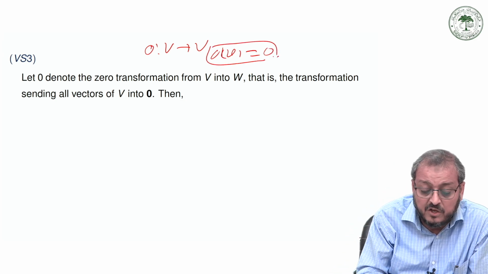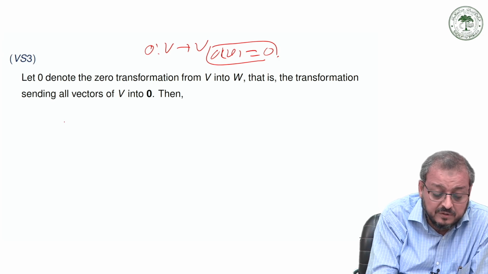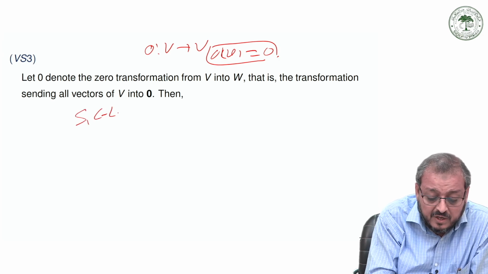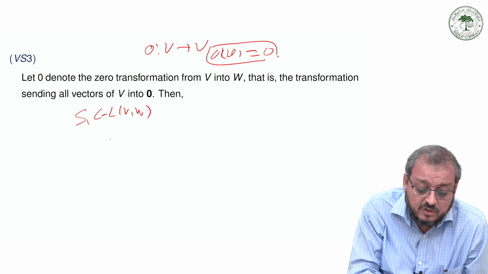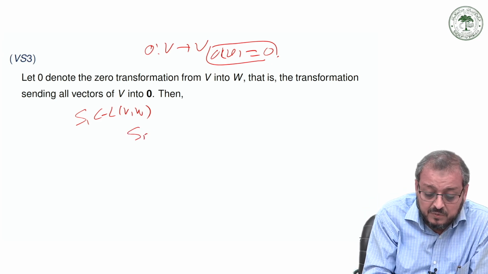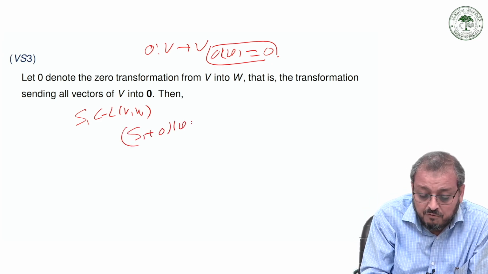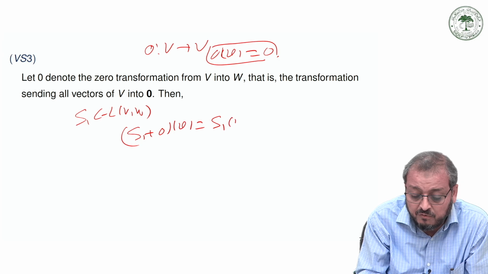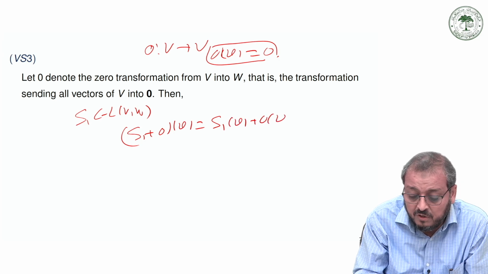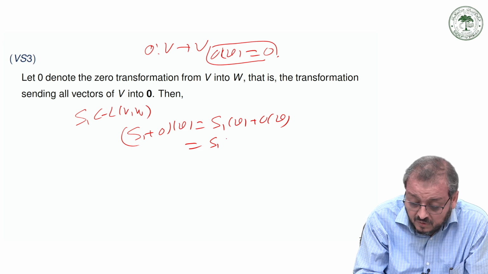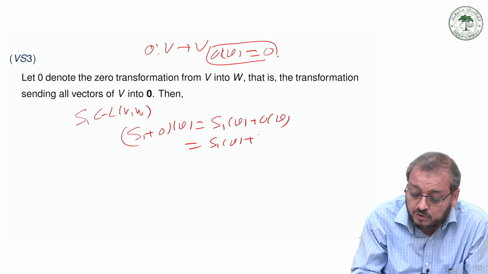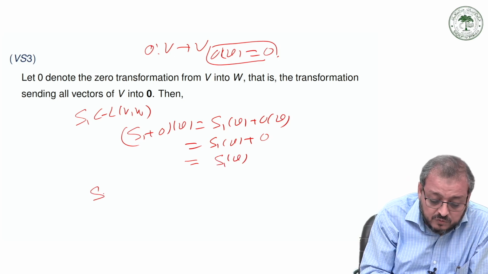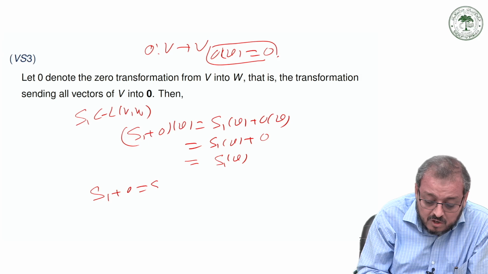And then if we have any transformation S1, an element of L of V comma W, we can say that S1 plus 0 of V can be written as S1 of V plus 0 of V, and now this can be written as S1 of V plus 0, and so we have S1 of V, and this is true for all V. So S1 plus 0 is equal to S1.